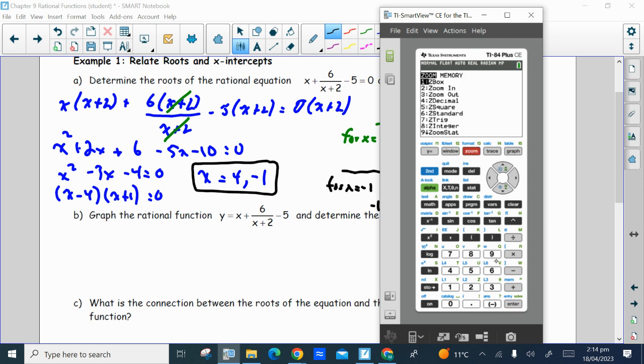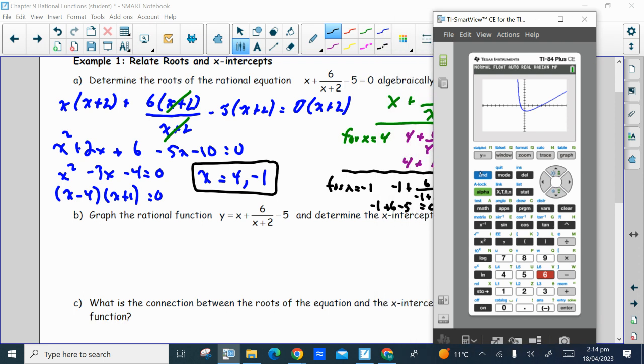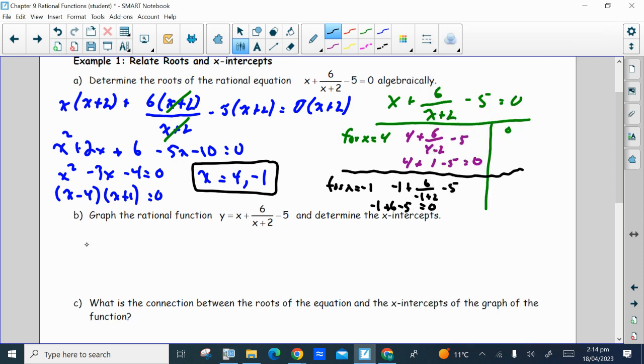I'll change my windows to their standard settings, zoom 6, and we're asked to find the x-intercepts, which are the zeros. So second function trace, number 2 is 0. If I want to find the one on the left, I'll set my left boundary at -2, my right boundary at 0, and we get x equals -1 as one of those x-intercepts.